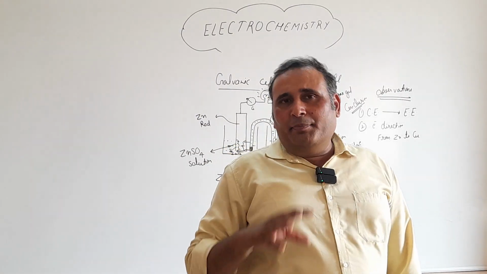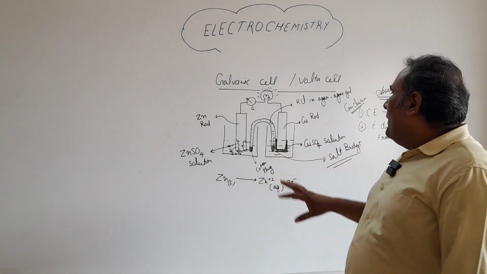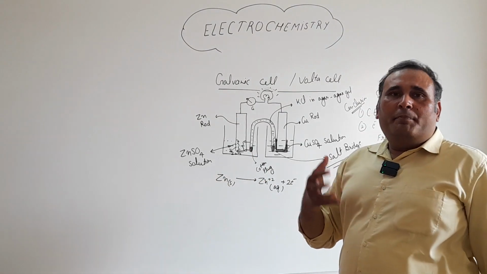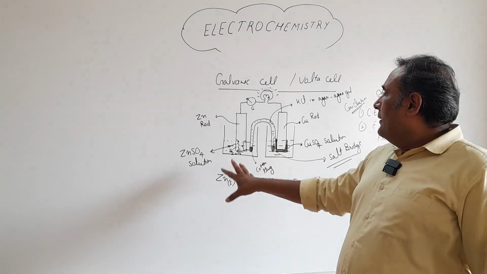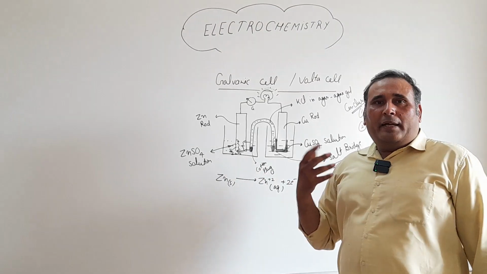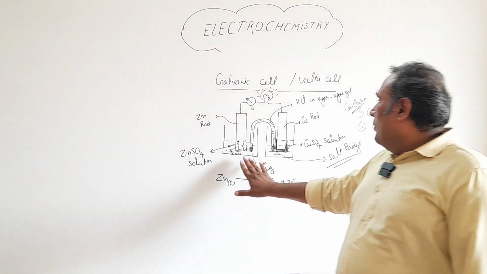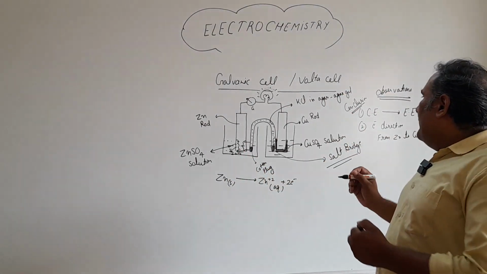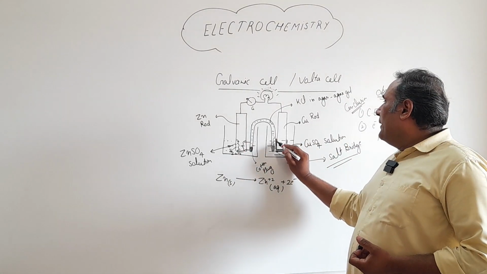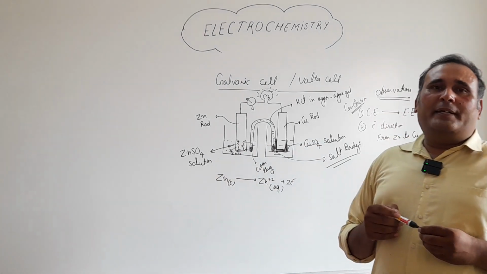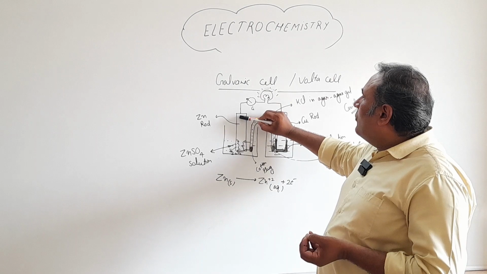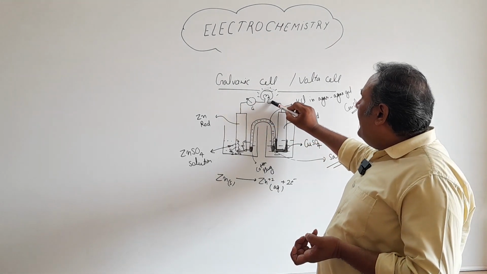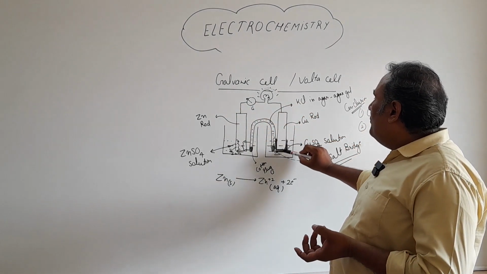What does it mean? It means simply that the zinc rod becomes corroded. Zinc is being oxidized at the zinc rod. Second thing is why the copper rod becomes thick. What is the reason behind it? Let's see. The electrons from the zinc rod travel through this wire, through this copper plate into this solution.